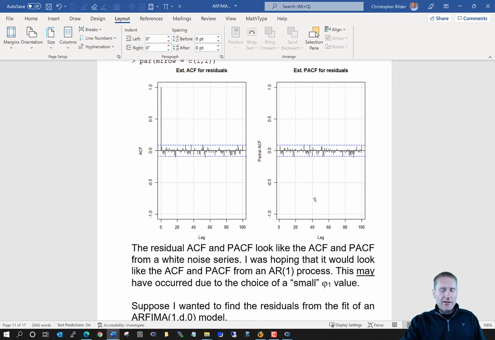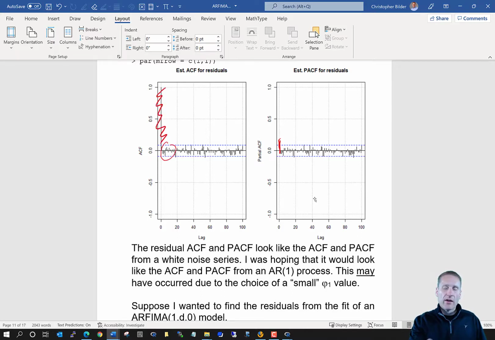And interestingly, what we see here is that there are essentially no significant autocorrelations or partial autocorrelations, despite us knowing that an AR(1) model should be appropriate. So I would have expected maybe to see something like this on the PACF plot and to see a tailing off to 0 here.